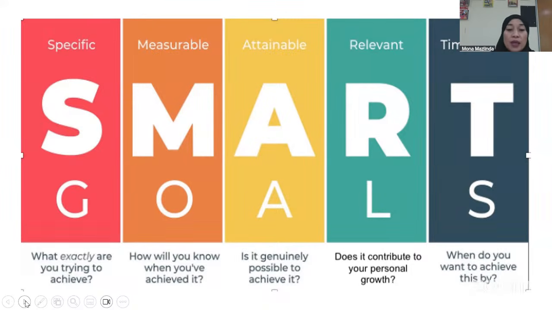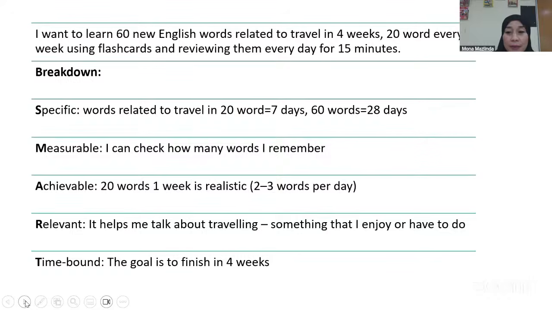Let's take a look at an example of the goal that you are setting. Next slide. For example, you set a goal: I want to learn 60 new English words.